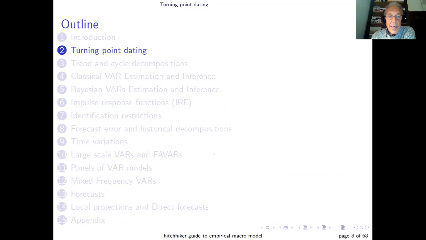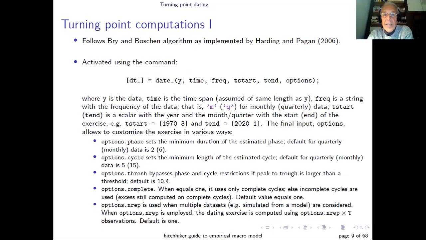So let me turn to the dating point exercise. The dating point exercise is basically reproducing what's called the Bry-Boschan algorithm. And the implementation that the toolkit uses is the same as Pagan and Harding about 15 years ago. So if you want to do the turning point computation, you have to activate it using this function, which is called date underline.